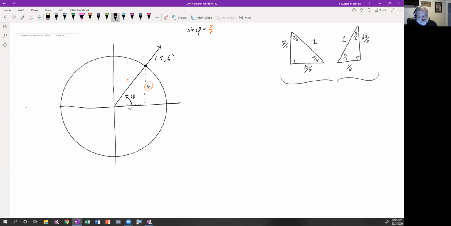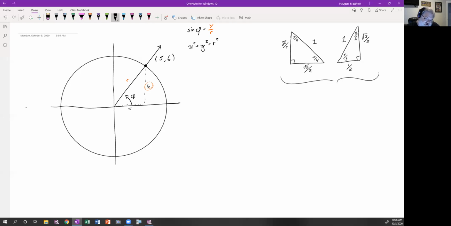Now, we don't directly know the radius of that circle, but luckily a little Pythagorean theorem can tell us that. Or, frankly, is it Pythagorean theorem or is it the equation of the circle? I have a question about that. So when we have a triangle like that, are we always going to assume that it's a right triangle?